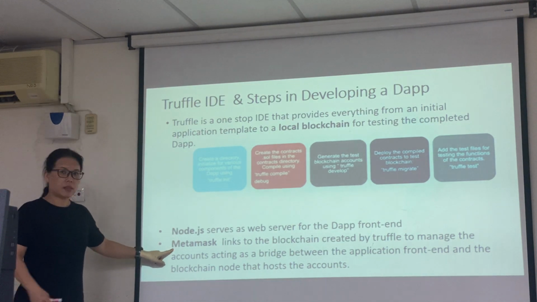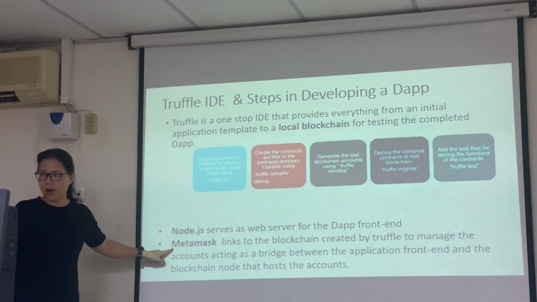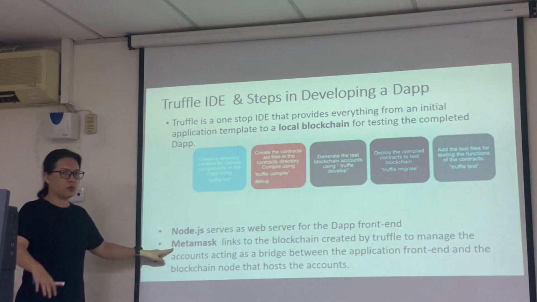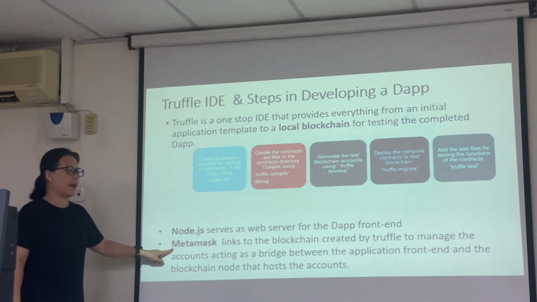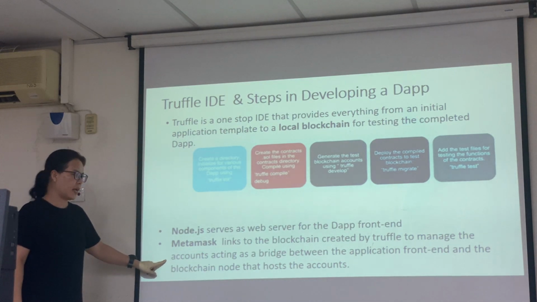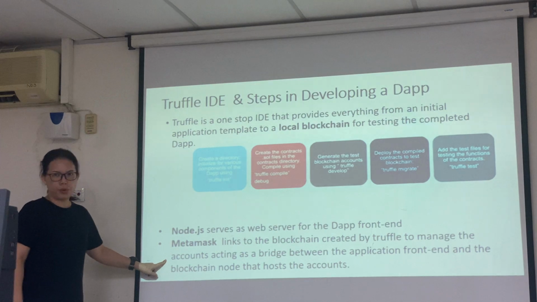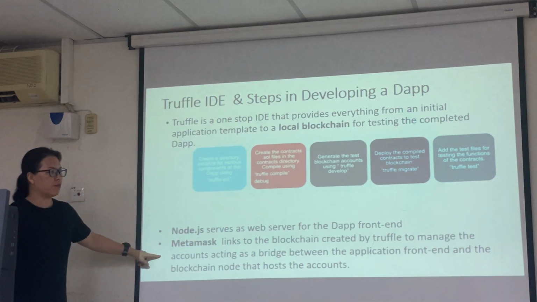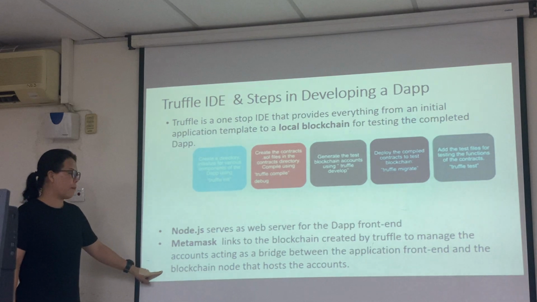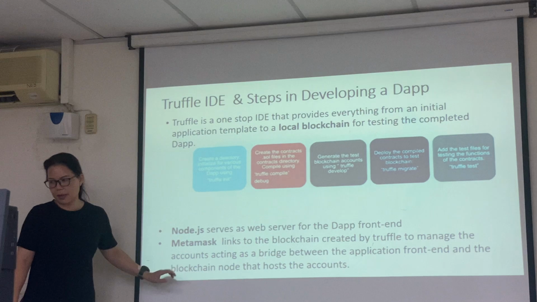And MetaMask, last week you already learned how to connect from the front end using MetaMask. MetaMask links the blockchain created by Truffle to manage your account, acting like a bridge, like a jump button, between the front end application and the blockchain node that hosts the account. So this is the part.